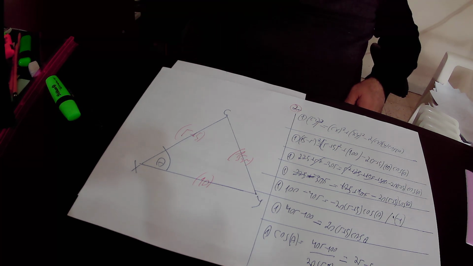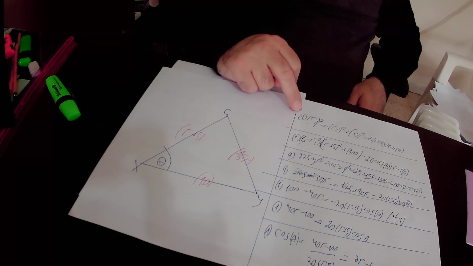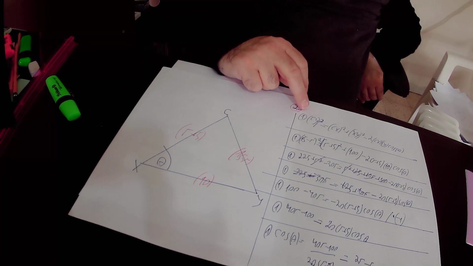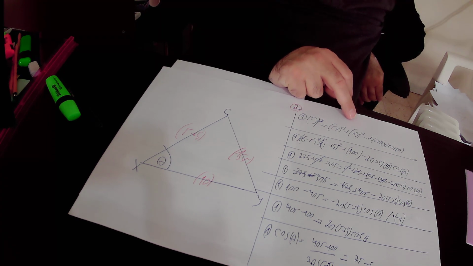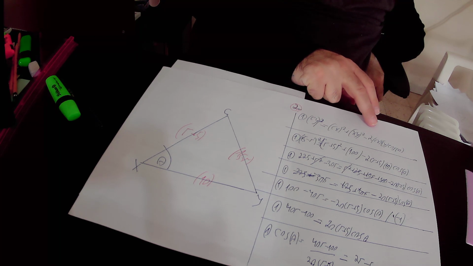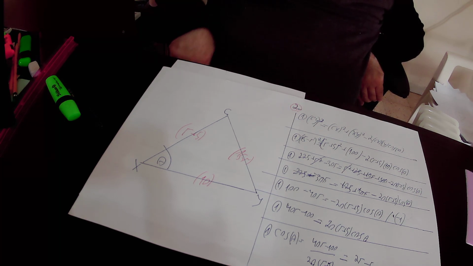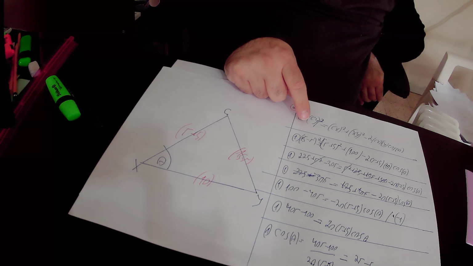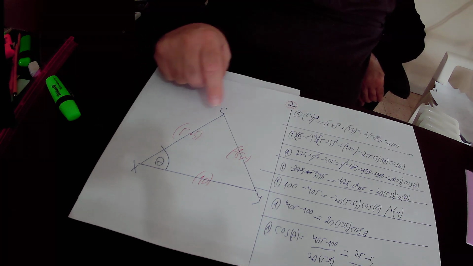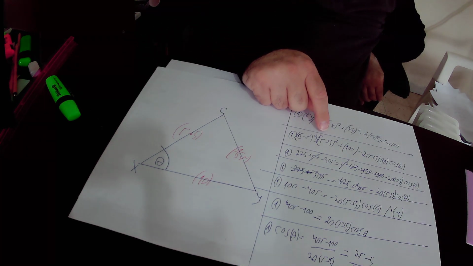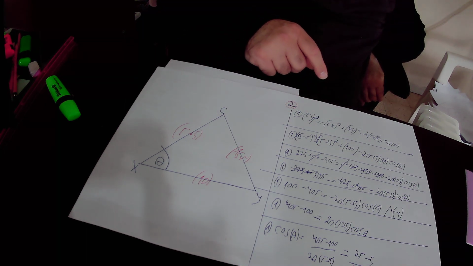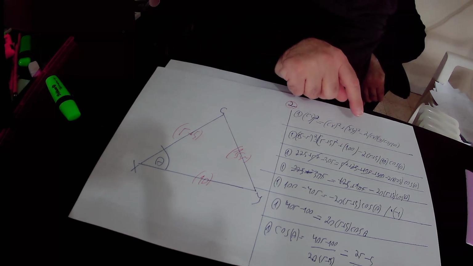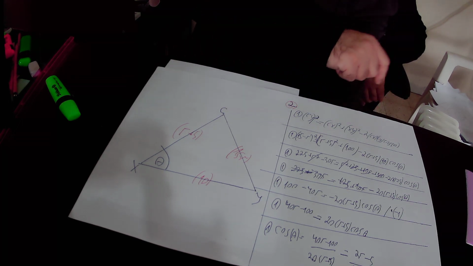XY is 10, so XY squared is 10 squared, that is 100. Minus 2 times CX, which is R plus 5, times XY, that is 10, times cosine theta.